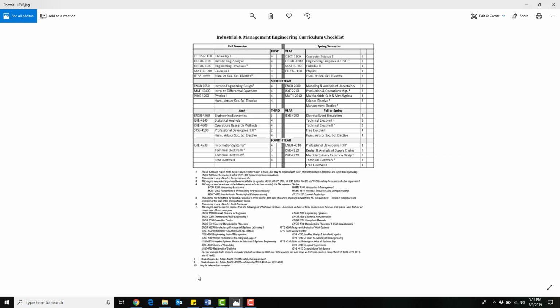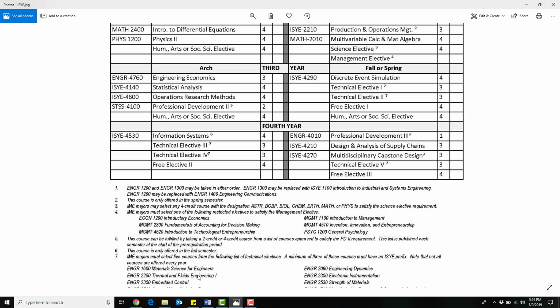Going back to our full 4-year template, footnote number 1 says Engineering 1200 and Engineering 1300 may be taken in either order. Engineering 1200 being Engineering Graphics and CAD. Engineering 1300, which is the course that we're concerned with, may be replaced with ISYE 1100, Introduction to Industrial and Systems Engineering.